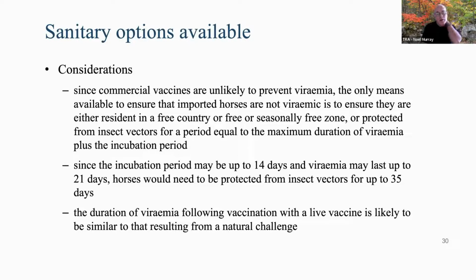And since the incubation period may be up to 14 days and viremia may last up to 21 days, horses would obviously need to be protected from vectors for up to 35 days. So this is providing a rationale for a potential measure. And the duration of viremia following vaccination was considered to be similar to that resulting from a natural challenge.